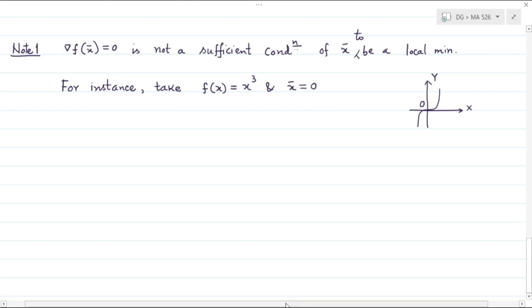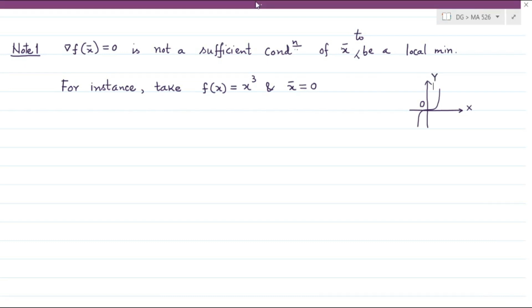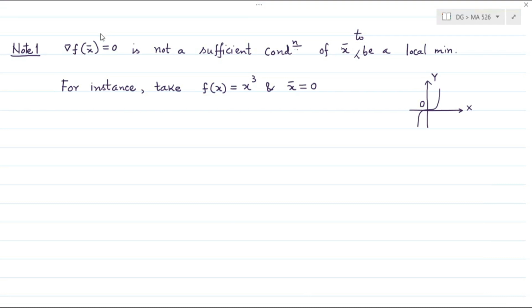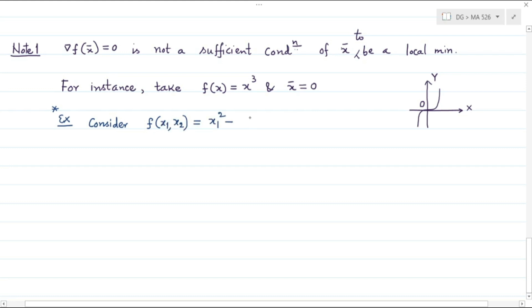And not only for a function of one variable do you have an example, but also for functions of several variables. For instance, another important example. Why important? Because from this example you will have a new definition called saddle point. So consider f of (x1, x2) equal to x1 square minus x2 square.